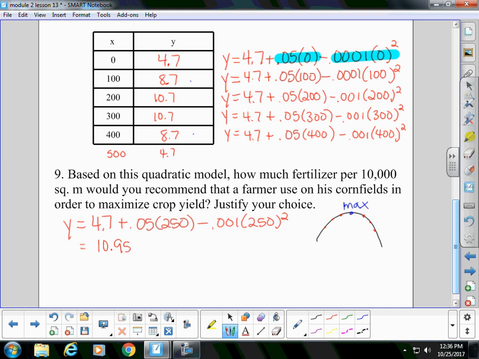10.95. Okay, so based on the quadratic model, how much fertilizer should we use? So this would be it. Would you recommend the farmer use on his cornfields in order to maximize his crop?